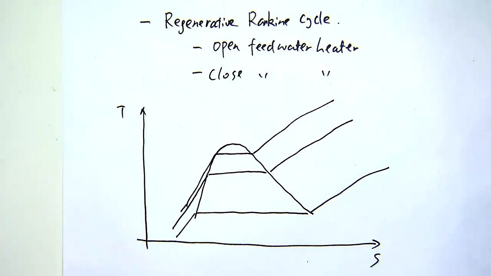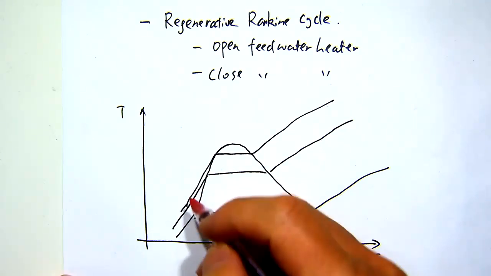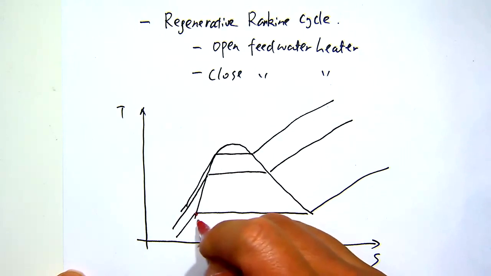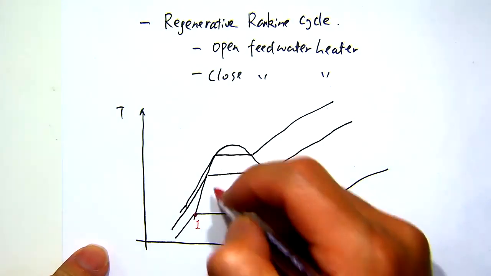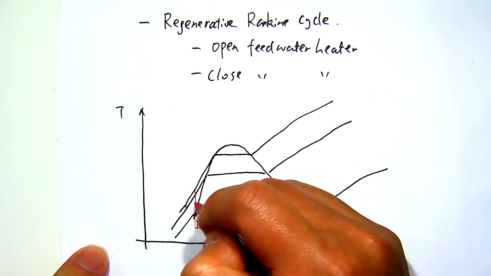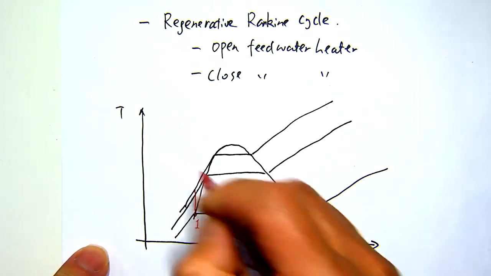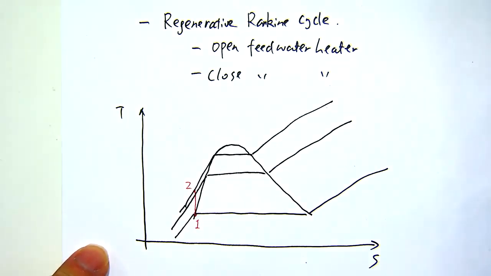All right, so if I start with state 1 there, I then use one pump to directly pump the water to the boiler pressure. So I directly jump to this high pressure line, which is state 2, right?